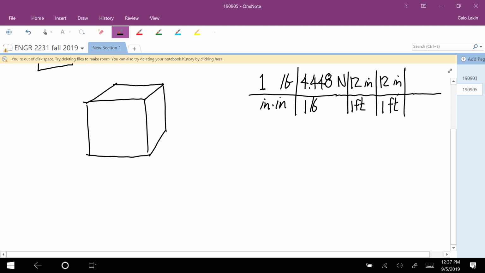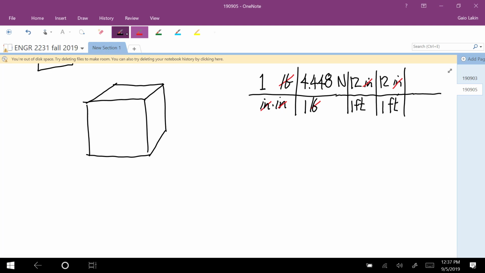If you cancel this stuff out, the pounds cancel, the inches cancel. Now if we multiplied this out, we'd have newtons per square foot.